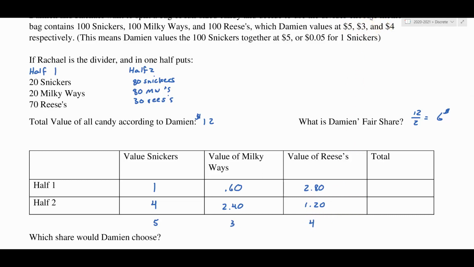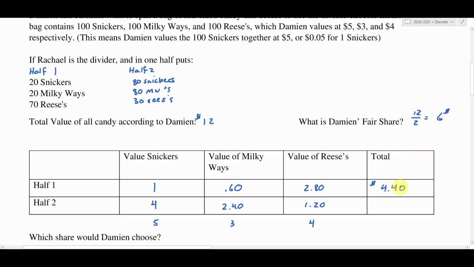Now all I have to do is go through and figure out what each half is worth. If I take all of this candy and add it together, we get $4.40 for half one. This is the value that Damien places on half one. And if I compare that to what he thinks is a fair share, Damien would not be happy with half one.